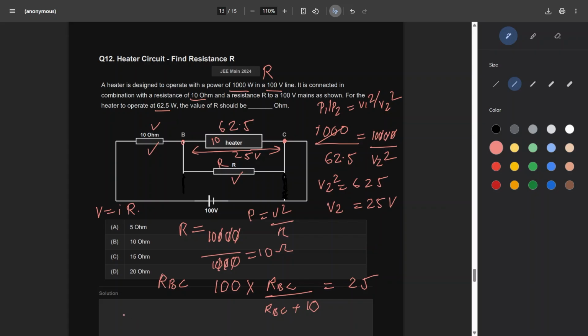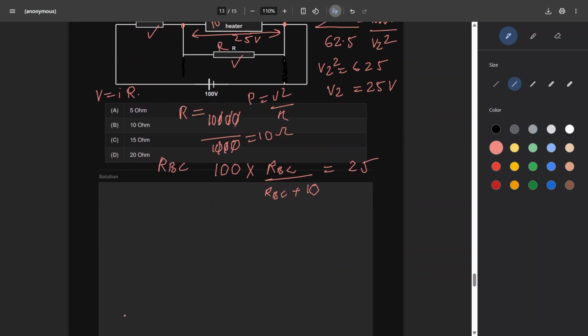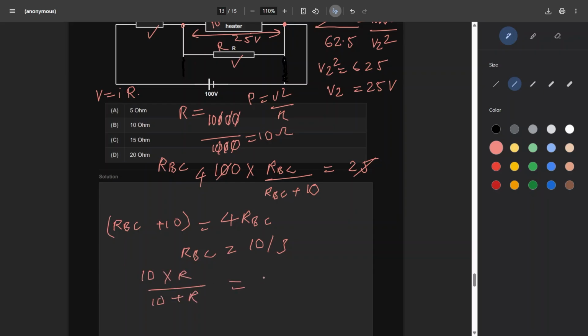So what we have here? We have RBC plus 10. We have 4 here as 4 RBC, right? So we have RBC as 10 by 3. So we have 10 into R by 10 plus R as 10 by 3.